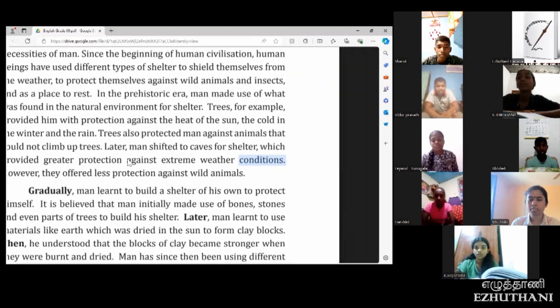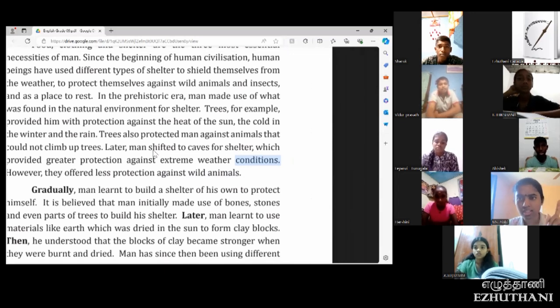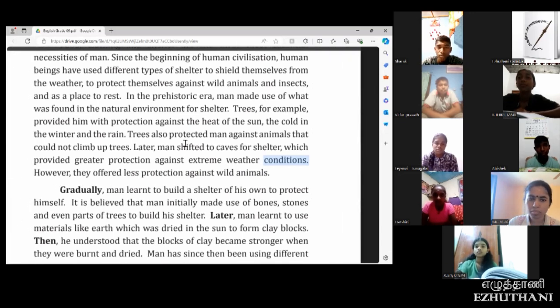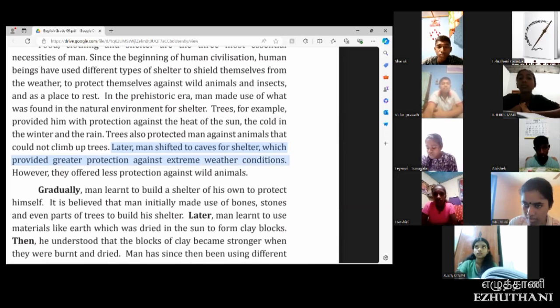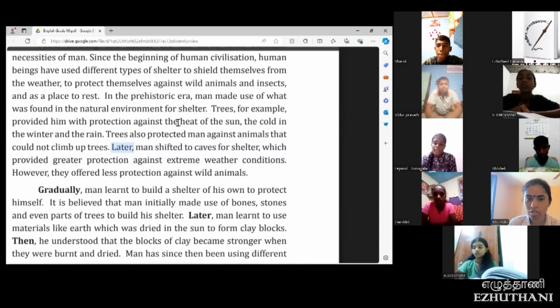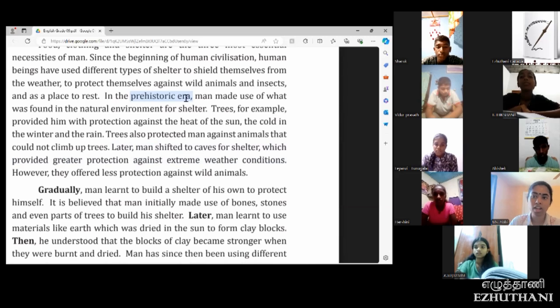Okay. So I'm going to read this one time so the class can hear how to properly read it. And then I'll explain what it means. Okay? So நான் இந்த வசனம் ஒருக்கா வாசிப்பேன். And then நான் explain பண்ணுவேன். Later, man shifted to caves for shelter, which provided greater protection against extreme weather conditions. So later, பிறகு, so prehistoric was before history, right? வரலாறுக்கு முன்னம்.